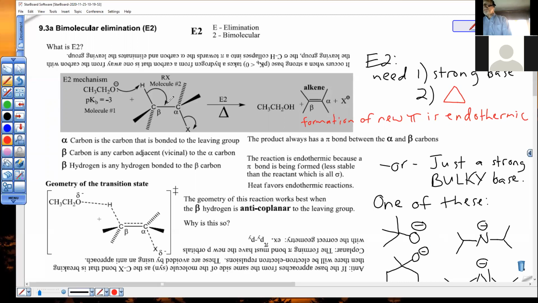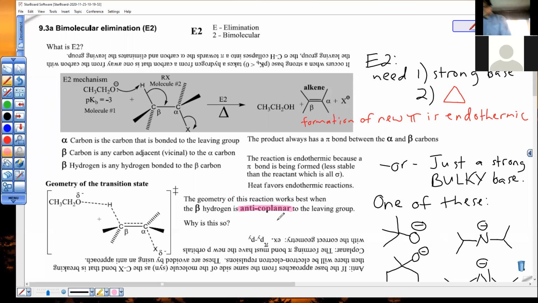So each carbon needs to rehybridize to have a pi, and you don't get a pi unless they're the same type of p orbital, py, py. So that's what makes these have to be coplanar. They're in the same plane, H-C and C-X. And we want these electrons here as far away from these as possible because they don't like each other. So anti is the way to do that. And that's why we like this anti-coplanar transition state.